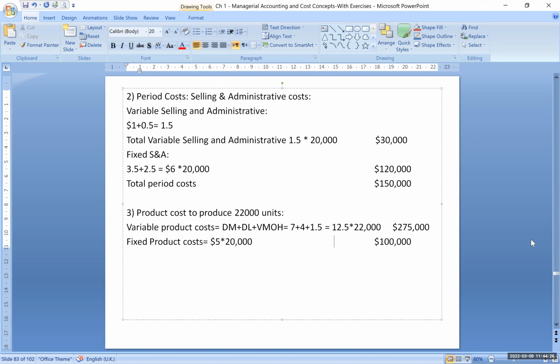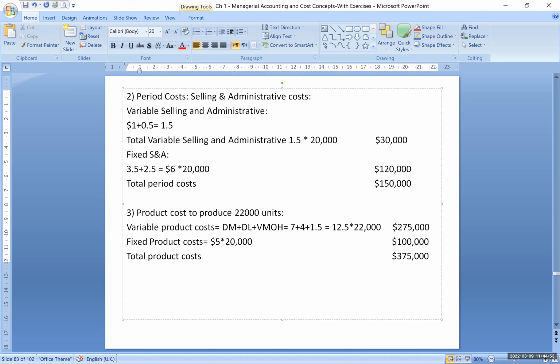$100,000, and the total will be what? The total product cost to produce the 22,000 units will be $375,000.